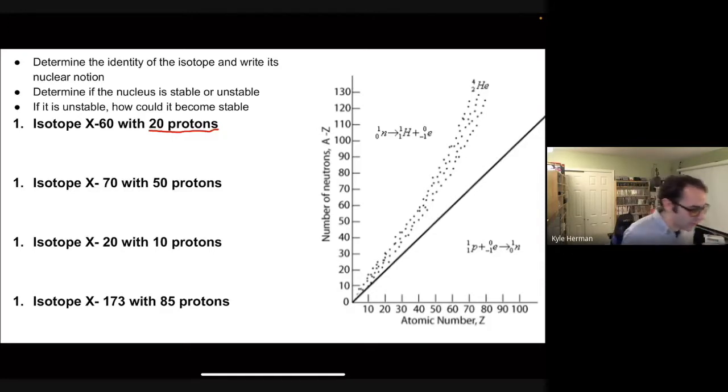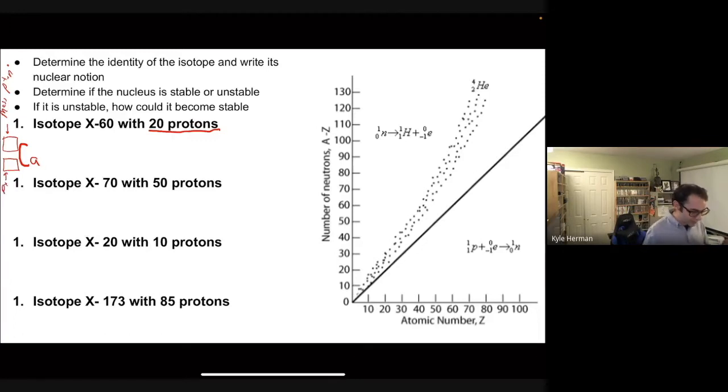I'm going to look on my periodic table and see that 20 is calcium. And if you remember, there can be a number at the top and a number at the bottom. The top would be the mass number, which is a combination of your protons and your neutrons. And the bottom one is just your atomic number or your number of protons.